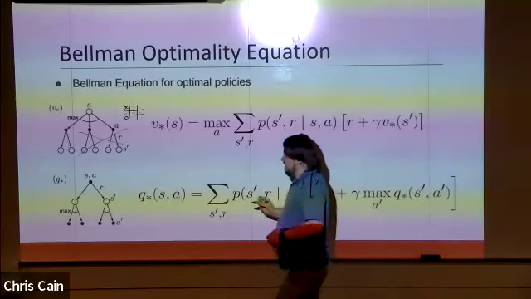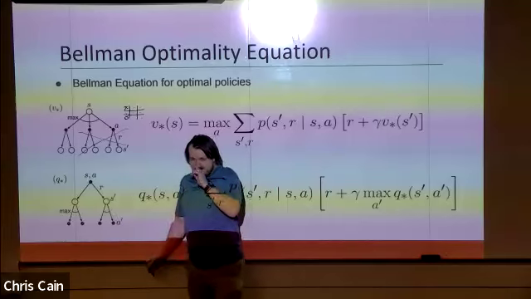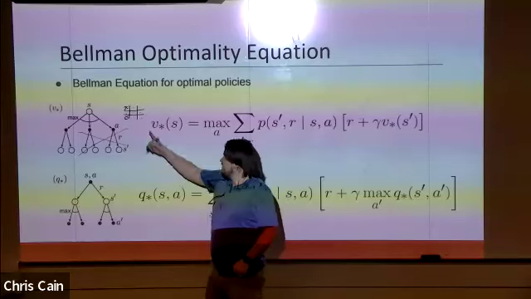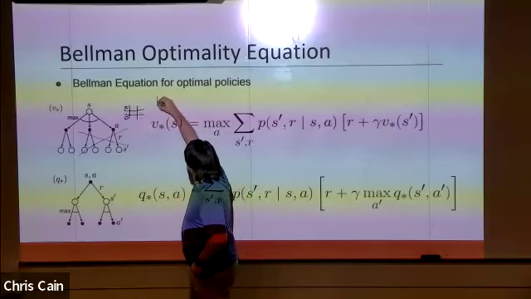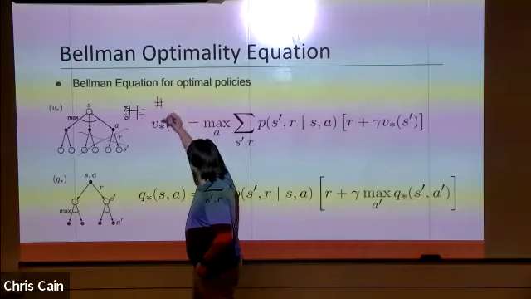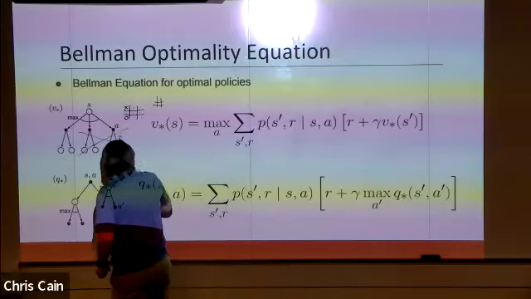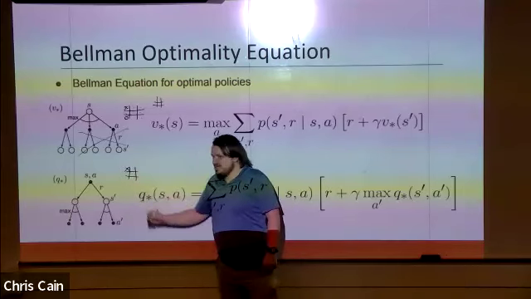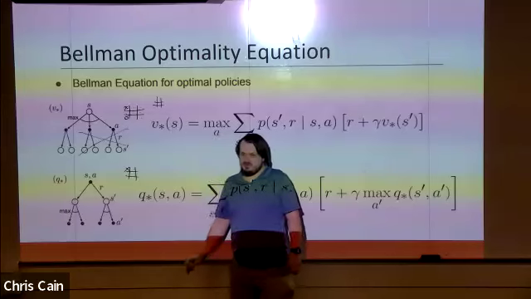On the other hand, the other kind of question we could ask is, what is the value of making a particular action? So this question was, what is the value of being in this empty state? The next question we could ask is, all right, what is the value of making this move? We're in this state, but we've already said that we're going to make this move.